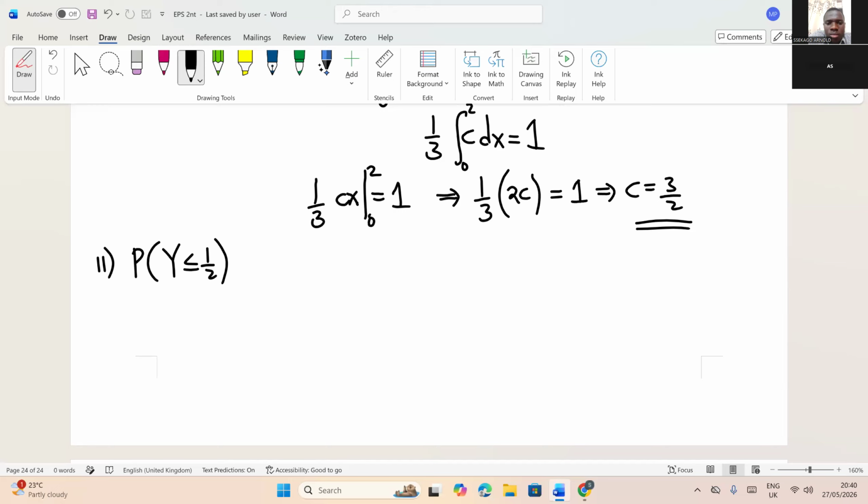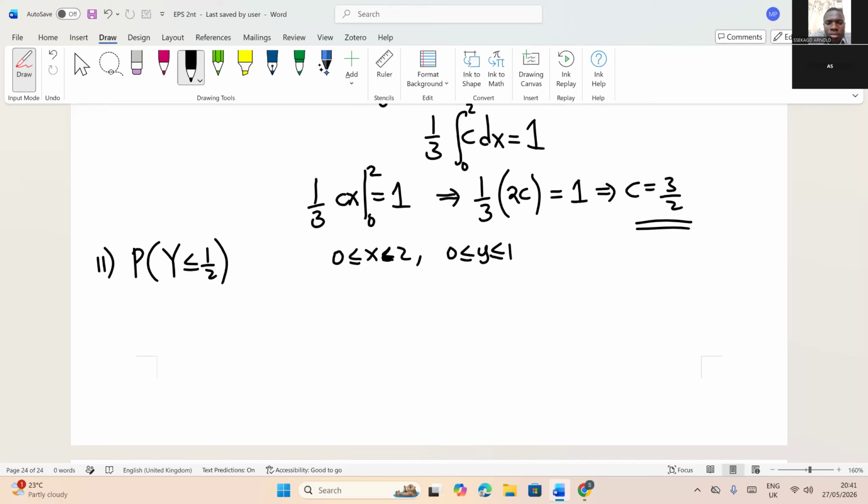But remember, from the way the distribution was defined, X was ranging from 0 up to 2, and Y was ranging from 0 up to 1. Now here, y has been fixed up to a half.